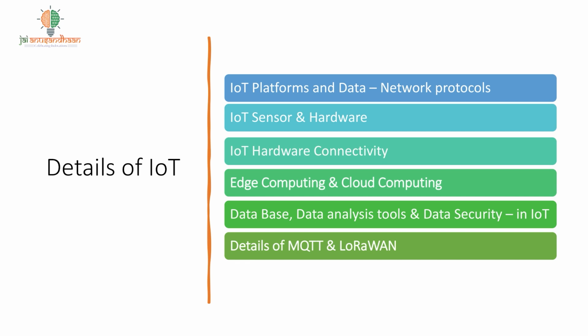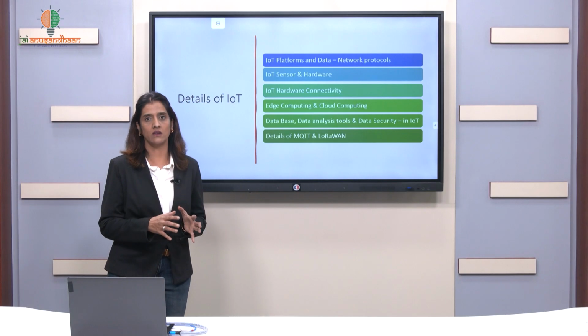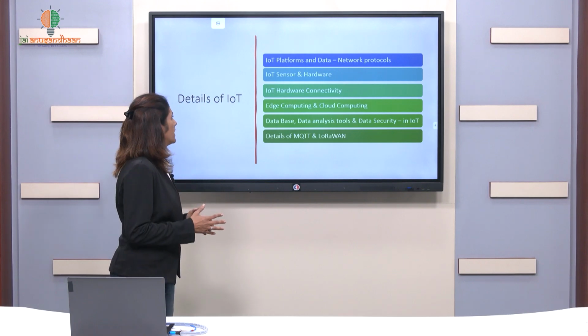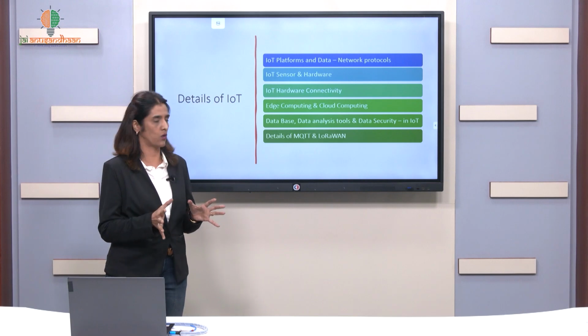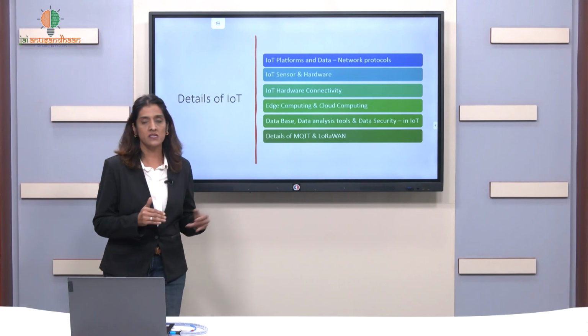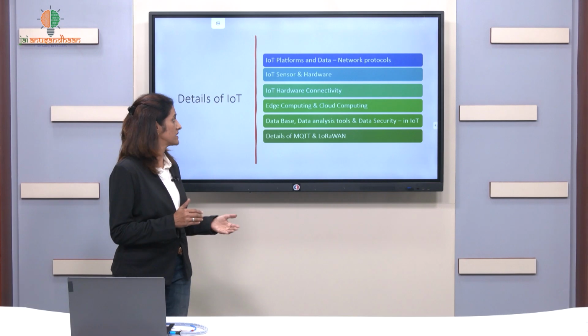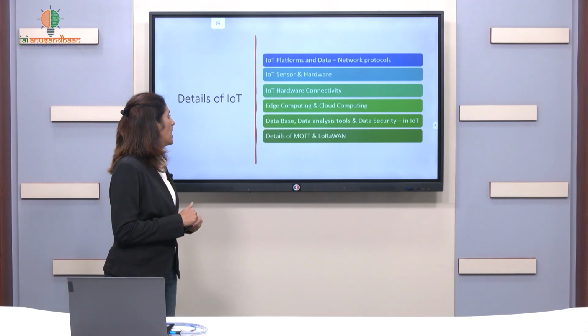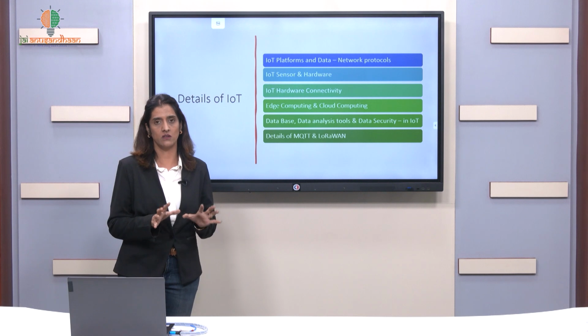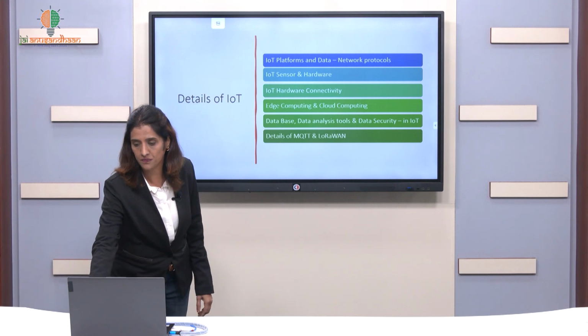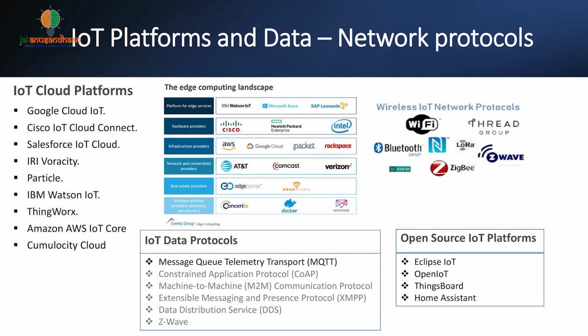We will cover IoT sensors, or what type of hardware basically comes in the IoT, how sensors get connected to the development board, then the brief difference between edge computing and cloud computing, different database and data analysis tools, data security, and details of MQTT and LoRaWAN, which are the prominent communication technologies in the IoT.